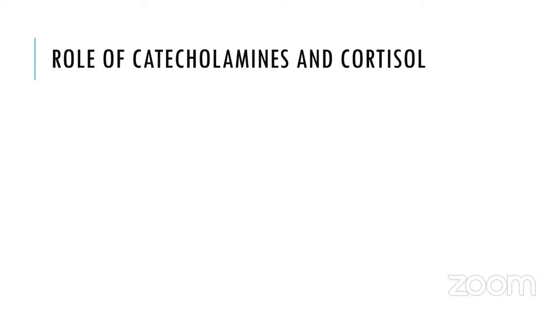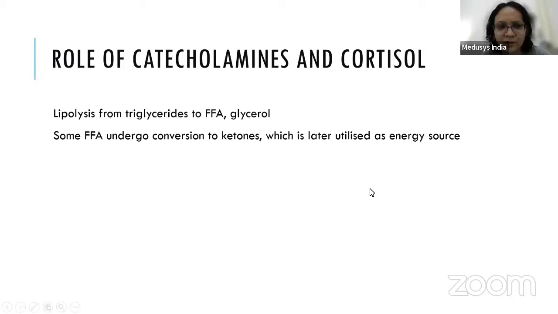So cortisol also stimulates the production of glucose, increasing the amount of glucose in the body. Ultimately it leads to lipolysis. The catecholamines and cortisol trigger lipolysis, so it leads to formation of free fatty acids and glycerol. As we know, glycerol is a substrate in gluconeogenesis, as you just told.